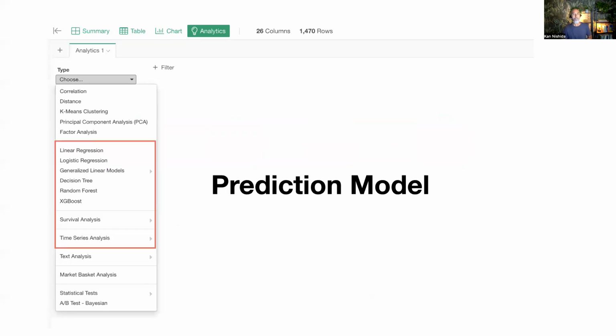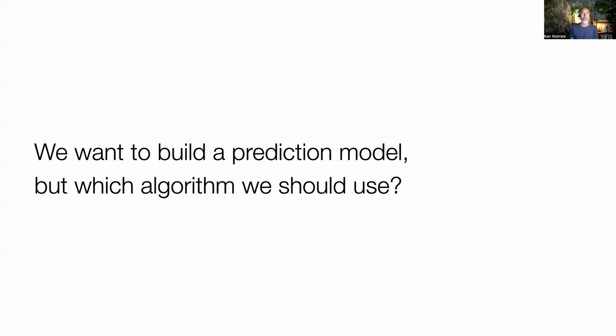Okay. Exploratory provides various prediction model types, but in the world of data science, there are tons of others. Even with this set of prediction models in Exploratory, if you're not familiar with them, it can be overwhelming to decide which one to use.